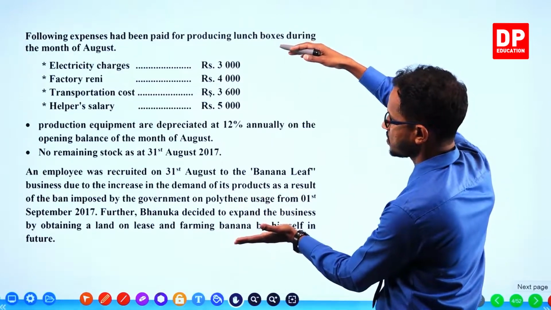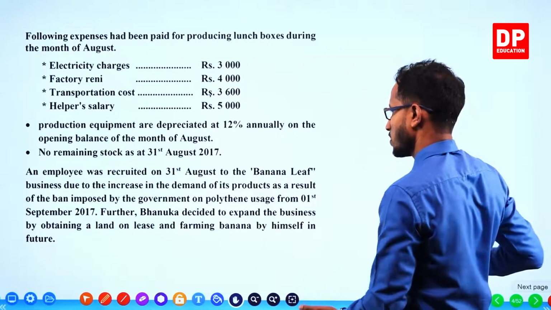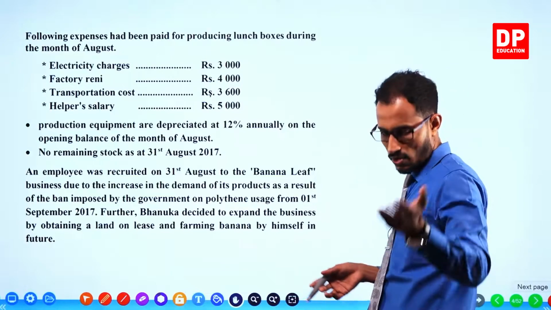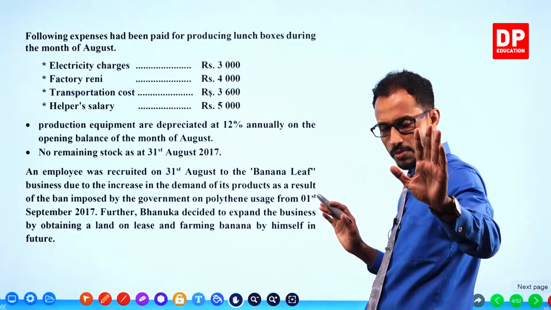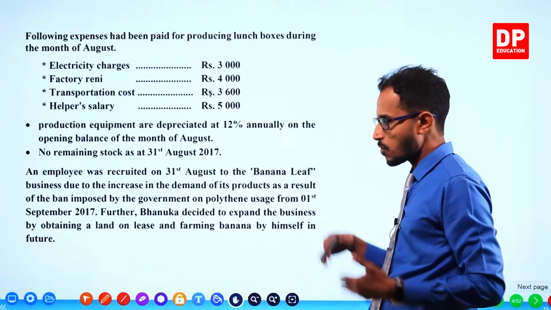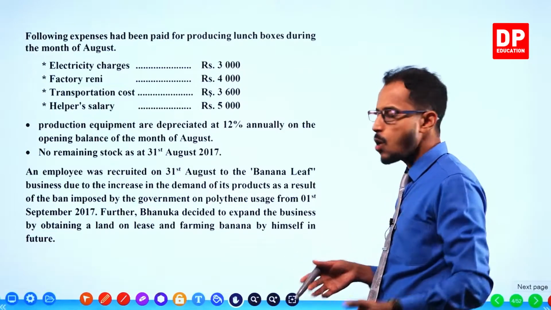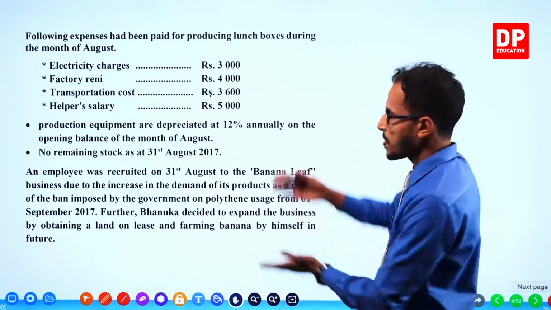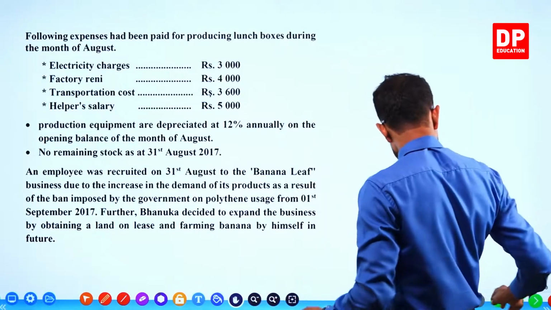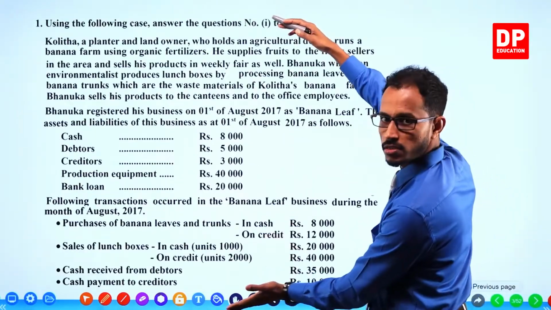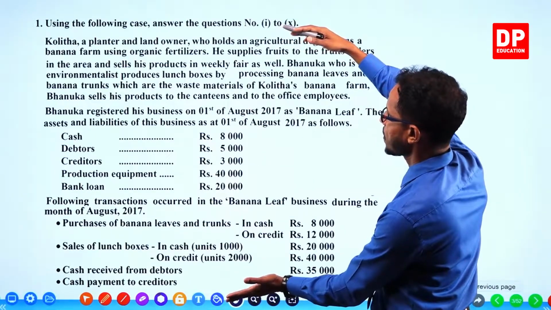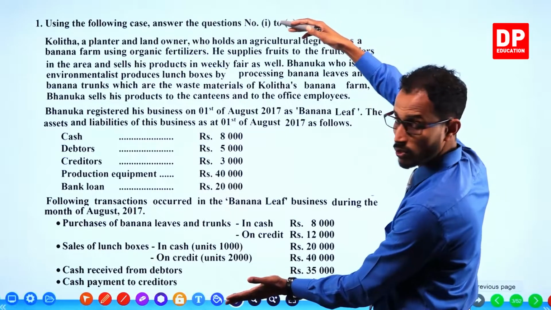Again, the case, right? If you don't have the paper at hand, if you don't have a past paper book, if you are looking at the question from the slide, pause the video and read the question. Now it is very clear, enlarged in this slide. This is Kolita and Bhanuka's case.